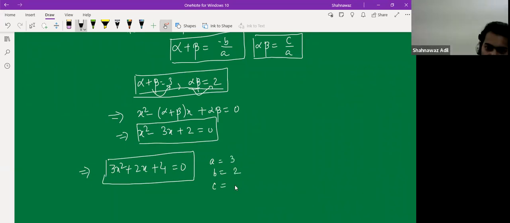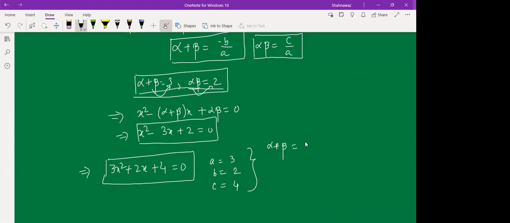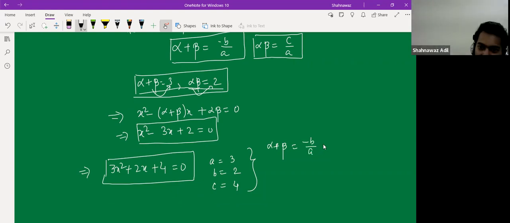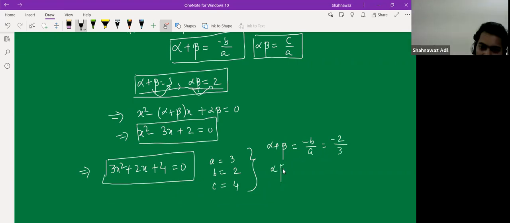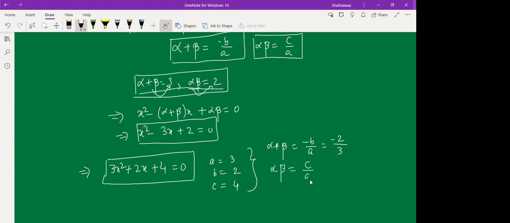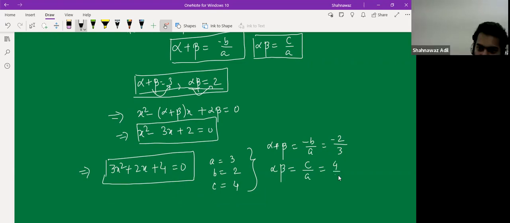So if they ask you what will be the sum of the roots, it will be minus b by a, so minus 2 by 3, right? And if they ask you what will be the product of the roots, it will be 4 by 3, right?